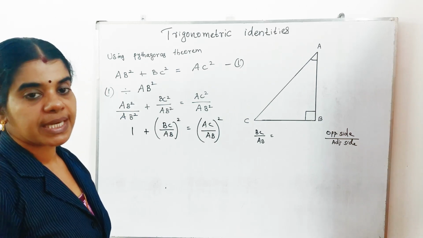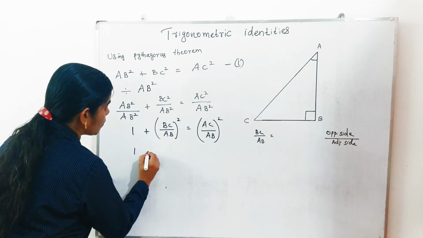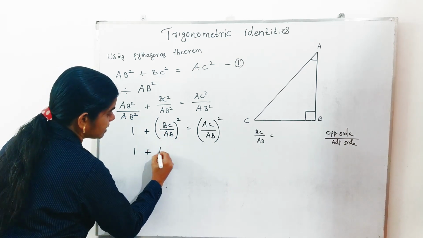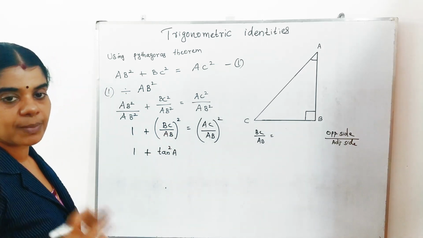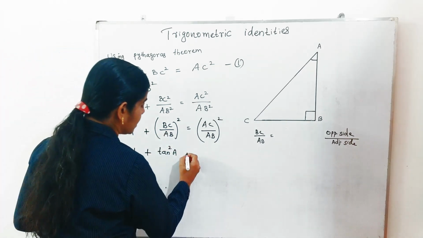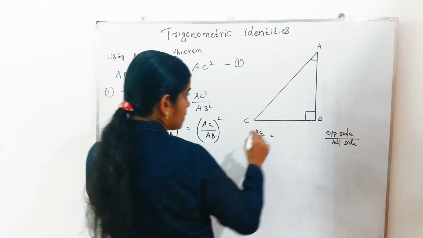What is opposite side divided by adjacent side? That will be tan A. So 1 plus tan square A, that means tan square A is equal to AB by AC.